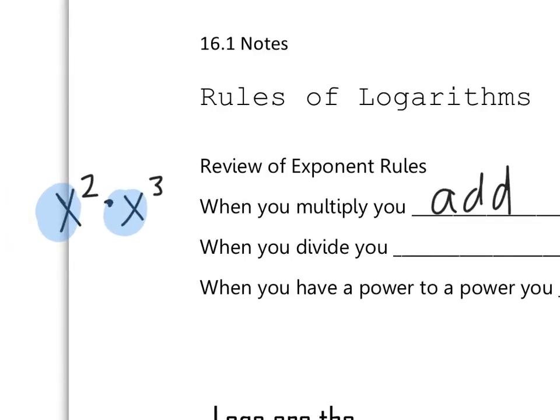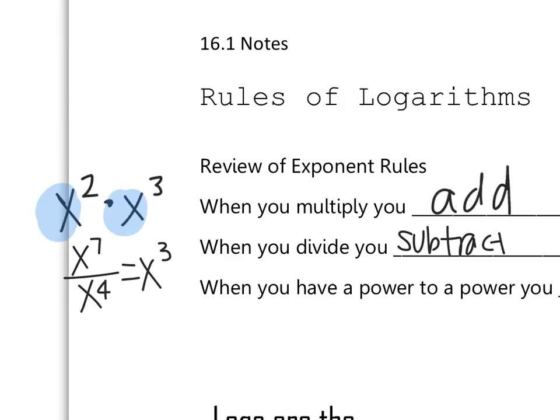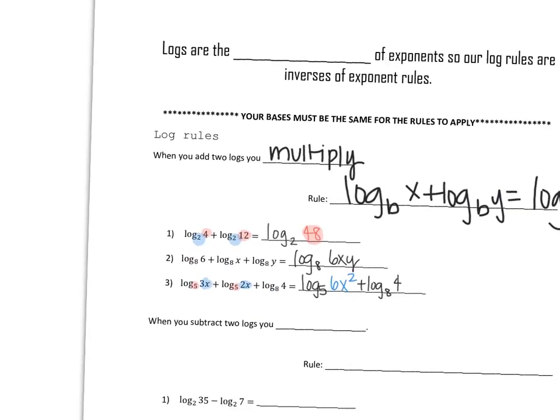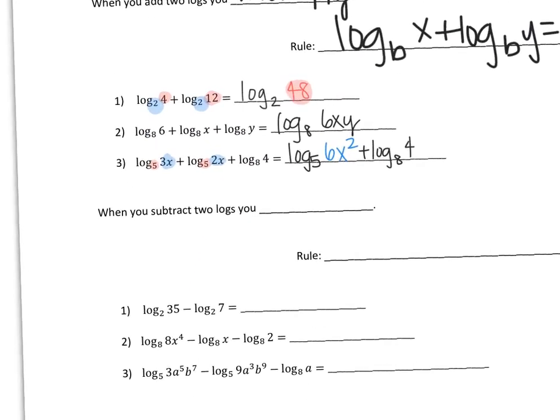If I had x to the 7th divided by x to the 4th, what do I do with my exponents there? Subtract. So that would be x to the 3rd. So then using the inverse of that, with logs, when I have subtraction, that means I divide.